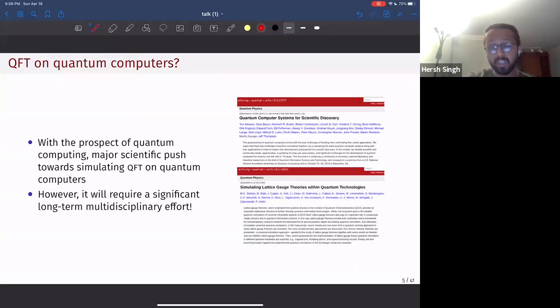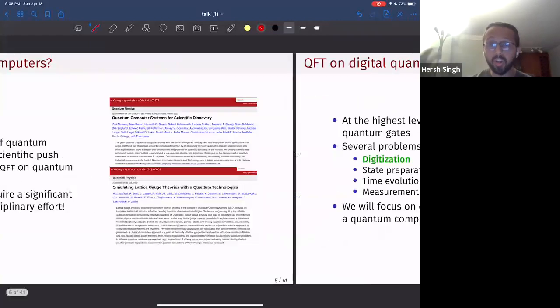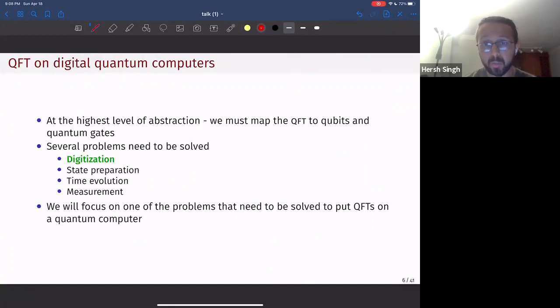And this is, of course, a long-term goal when it comes to something like QCD, but the efforts have started. And so it's interesting to ask, what is required if you wanted to simulate a quantum field theory on a quantum computer? Now, I'll be focusing on what are called digital quantum computers, right? Where you have qubits, and then you have these gates which you apply on qubits, and that evolves the state of these qubits.